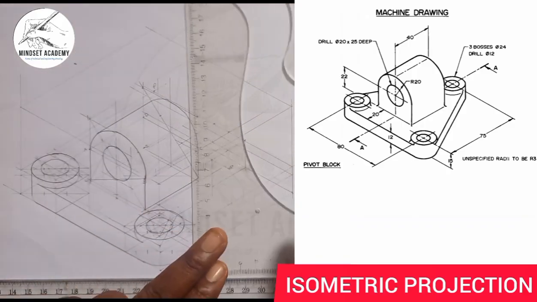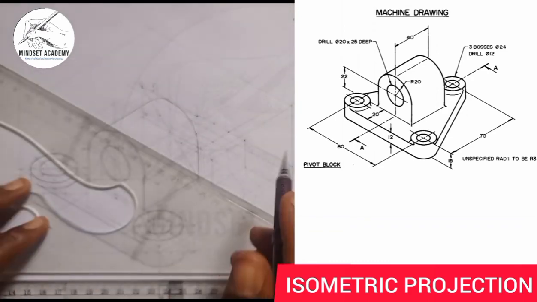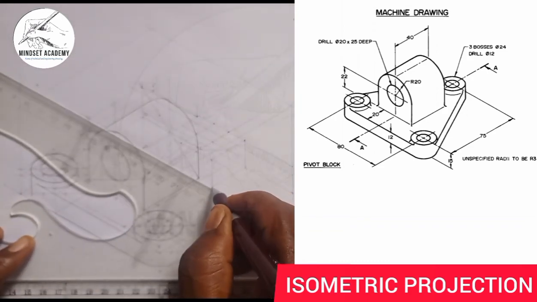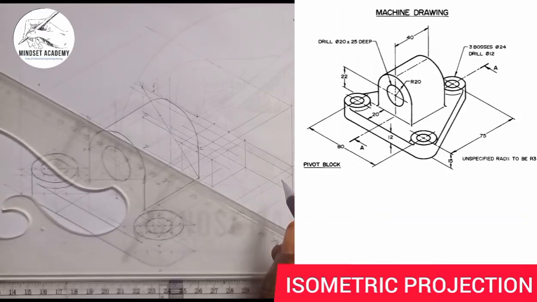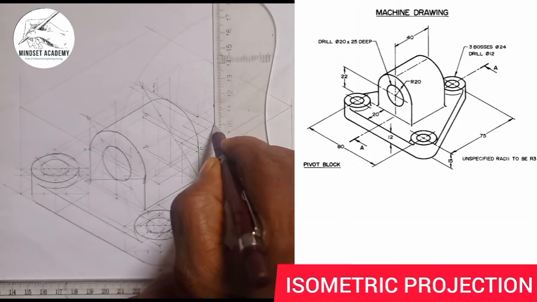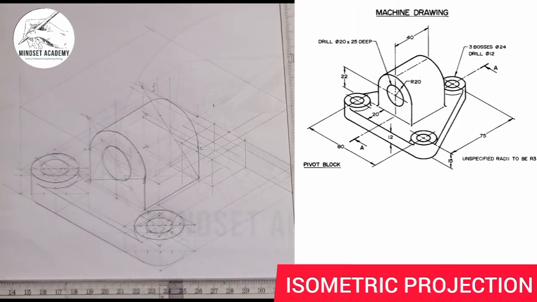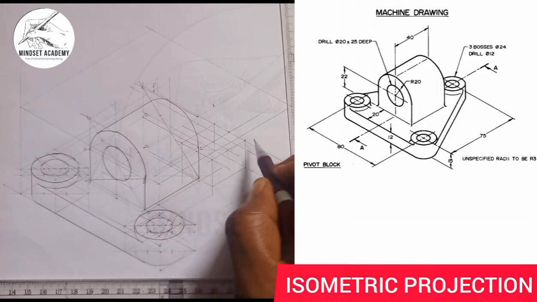And I also bring this point down, faint line on, so it will not affect the main figure. This is what we have here.